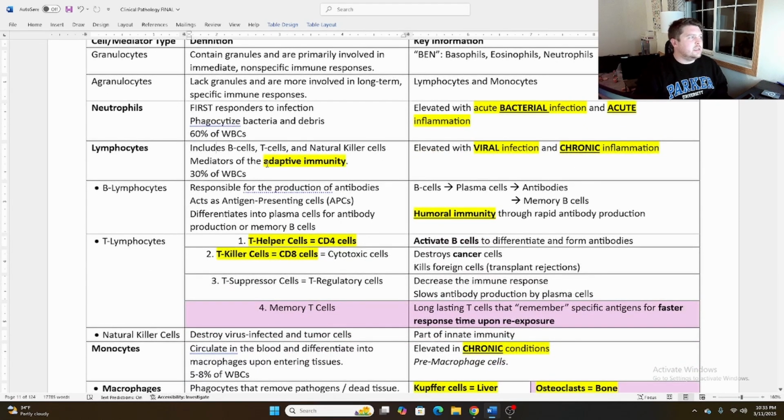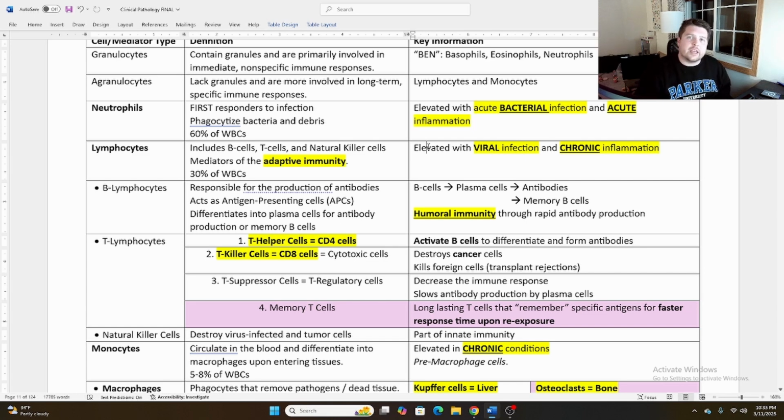Lymphocytes are part of our adaptive immunity, which means that they learn, they respond, they store the antibodies, and they learn and they know and they grow. These are going to be with viral infection as well as chronic inflammation.